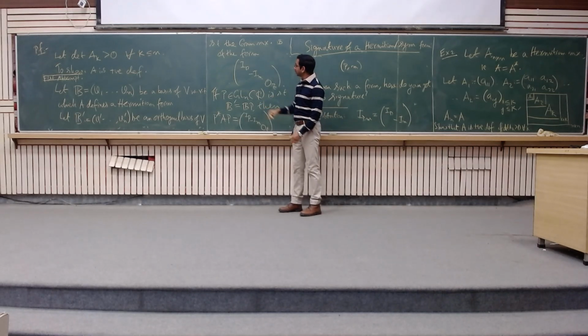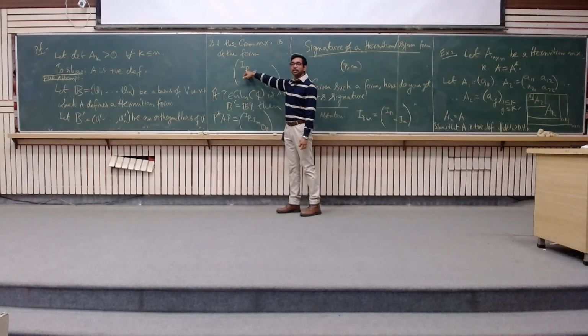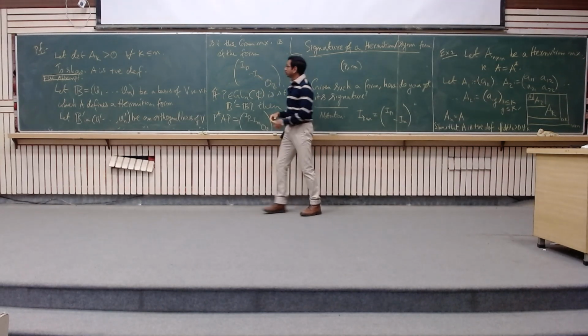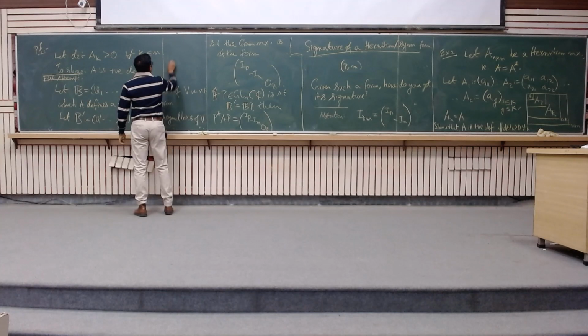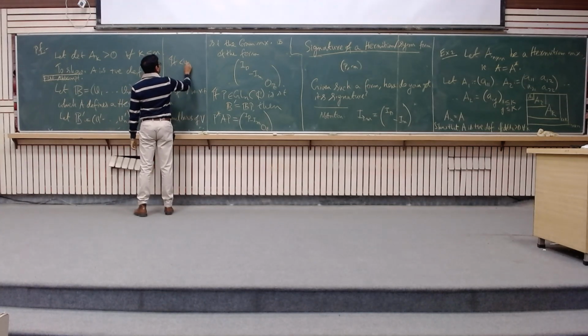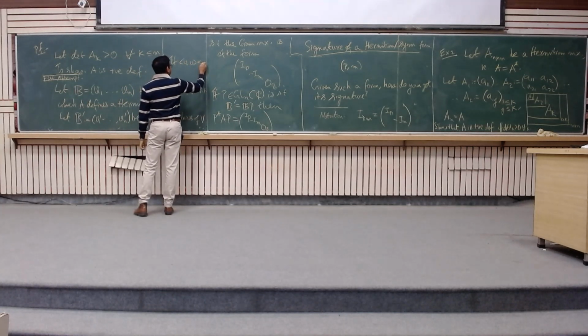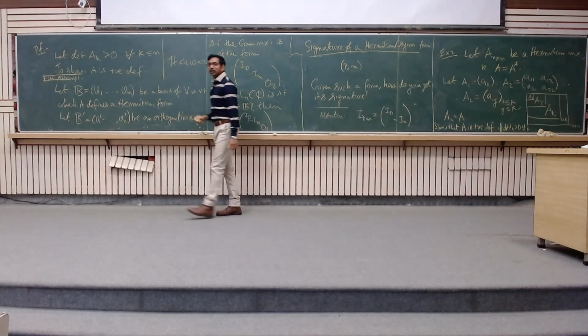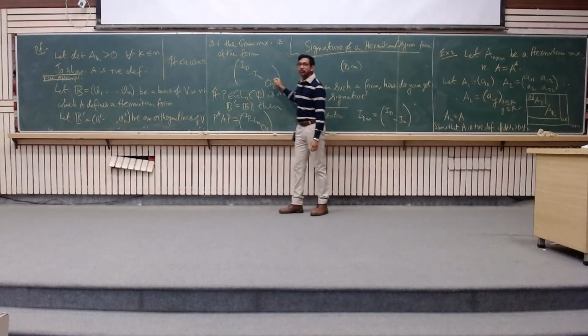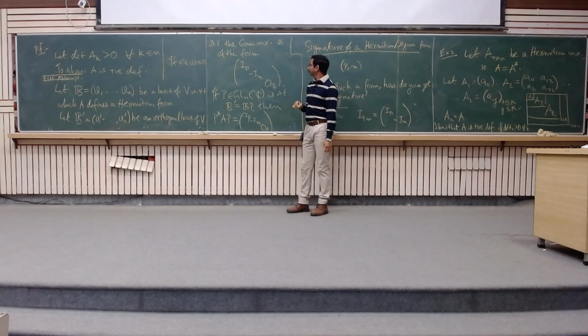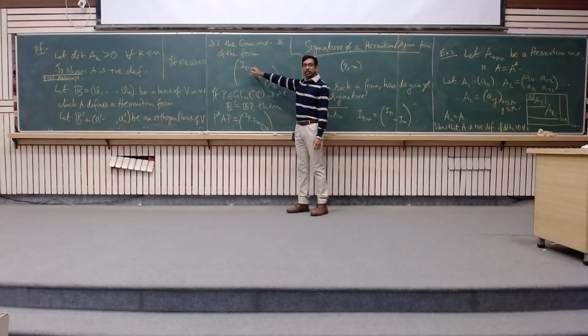For the positive ones, you can just divide by the square root of their norm. What will you do for the negative ones? If (v, v) is negative, what should you do? You need not actually do anything; you can just take an orthogonal basis and check the signs.